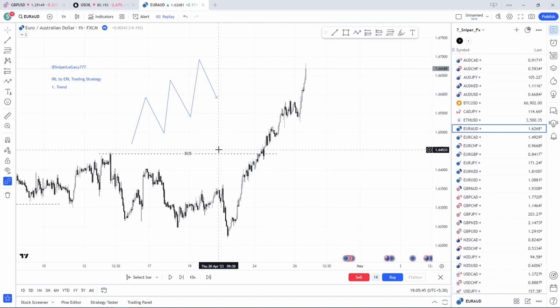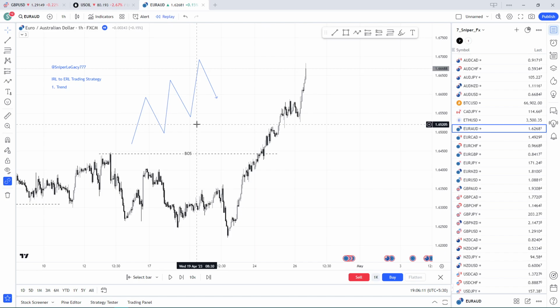Now the market has made a high, so the market has to make a low, and where can it potentially make it? How do we know where this low is? The low is where most of the liquidity is. So this low can be formed only where we can find liquidity on the chart.